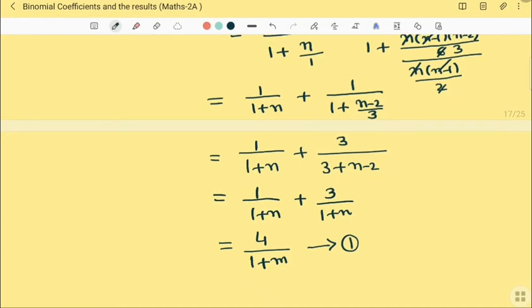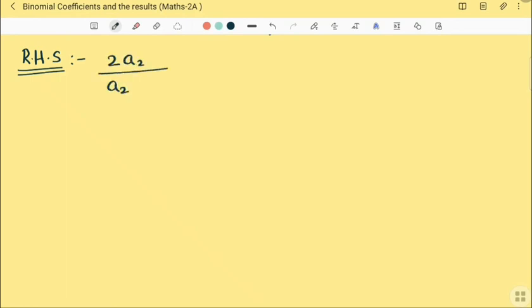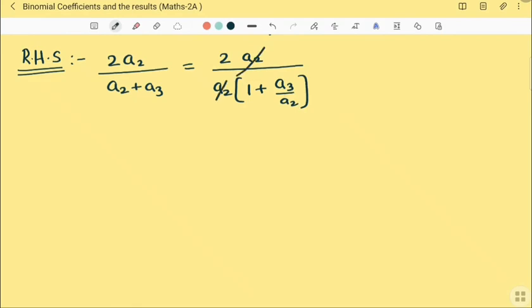Now come to the RHS term. We need to consider RHS. What is the value of RHS? It is there in the RHS as 2A2 by A2 plus A3. 2 into A2 by A2, take common from the denominator, 1 plus A3 by A2. So 2 divided by 1 plus A3 by A2.